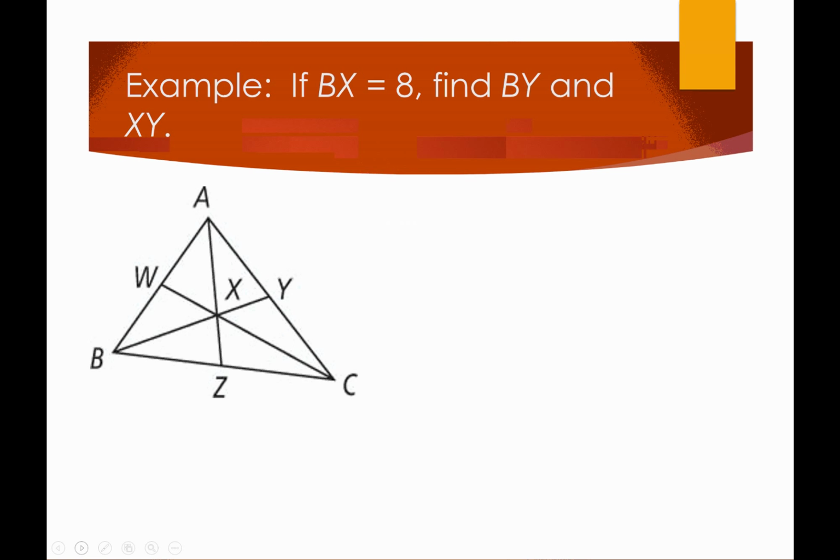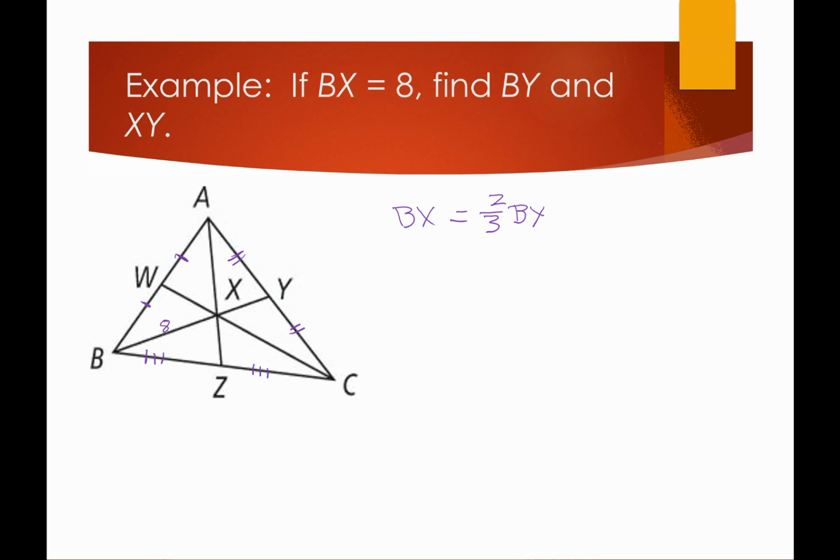Now let's assume we've got midpoints here. If I know that BX is 8, and I want to find BY and XY, we know that BX is 2/3 of BY.